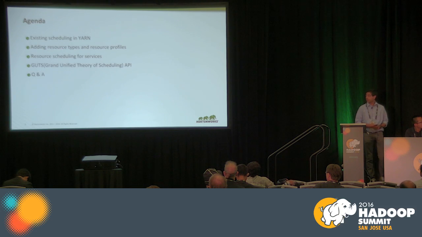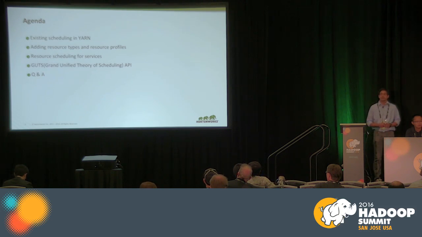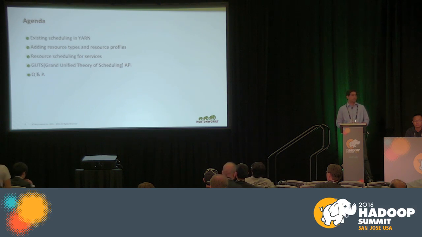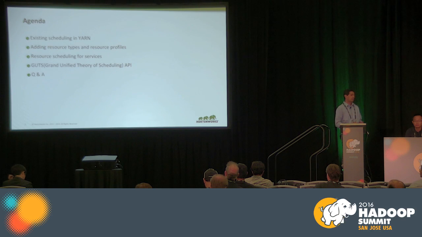Quick agenda for those of you in the room. Just a quick overview of the existing scheduling in Yarn today, how it's set up, and what kind of things you can do. Then we're going to go on to adding support for more resource types, something we call resource profiles, as well as starting to go deeper into things like scheduling for services.